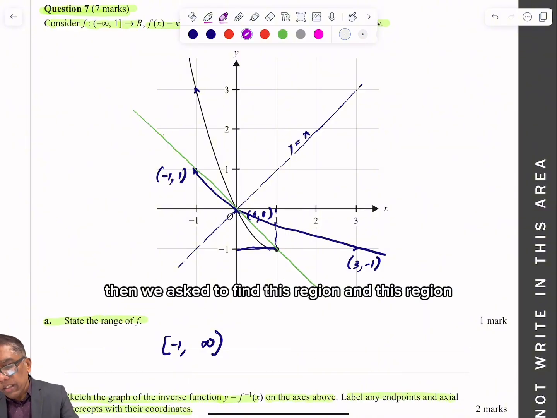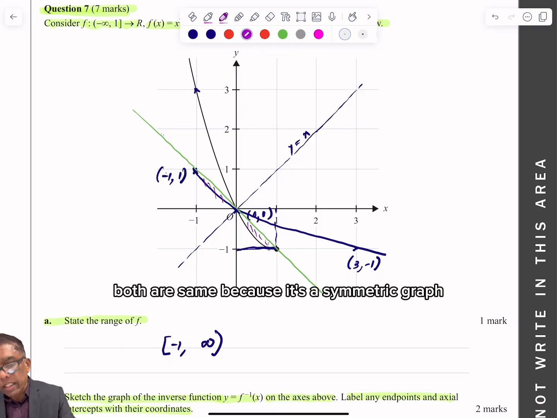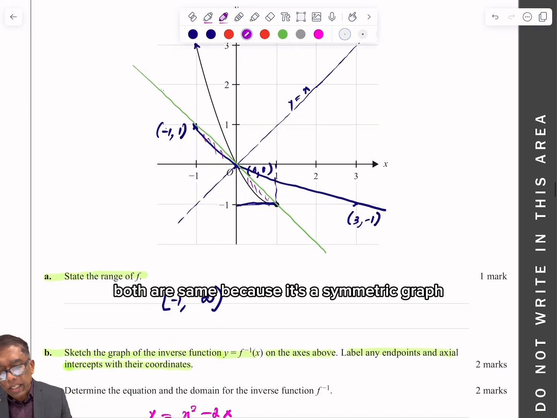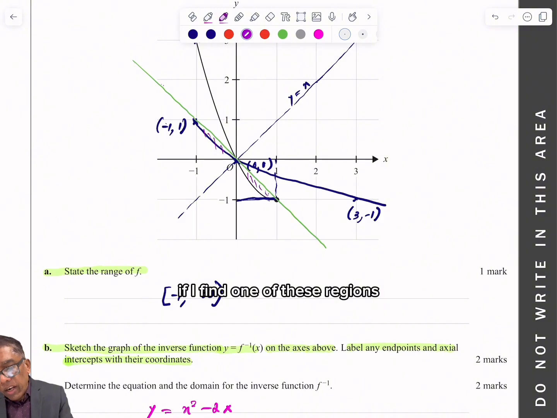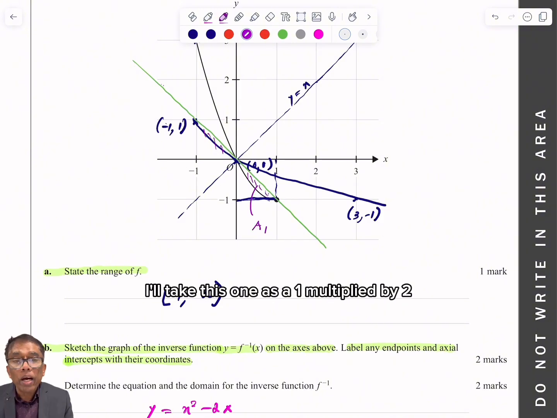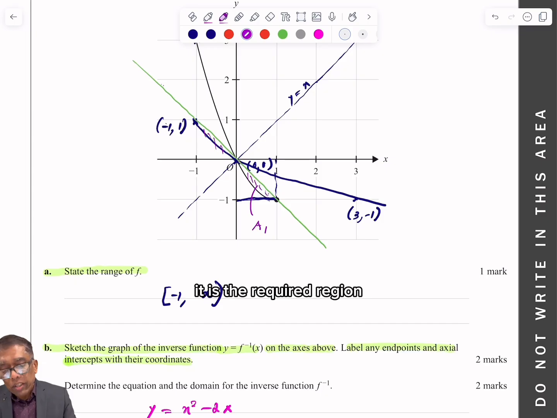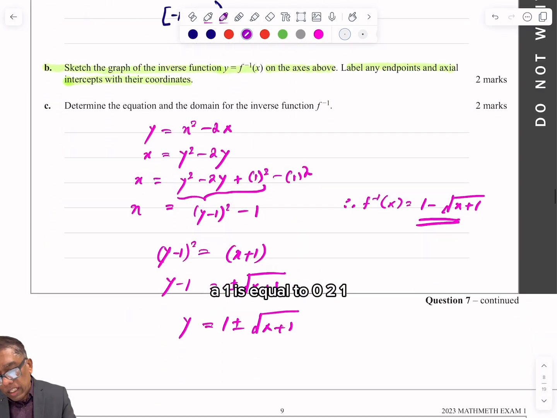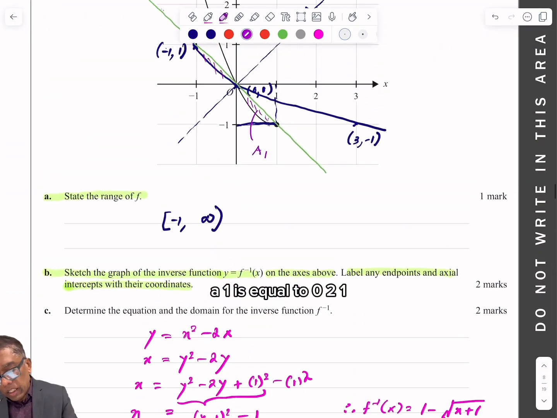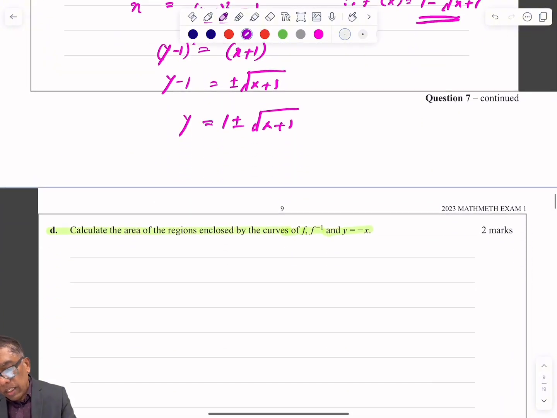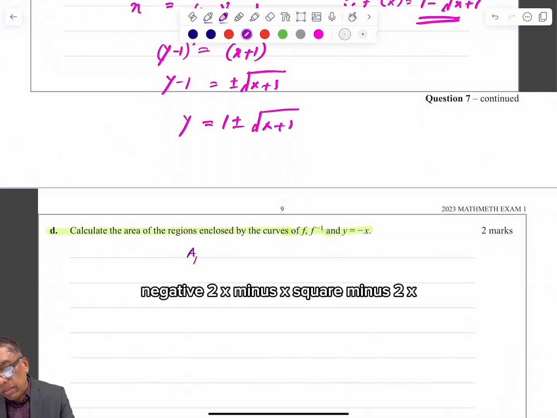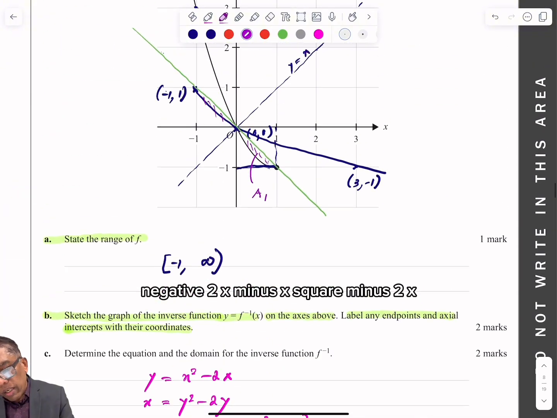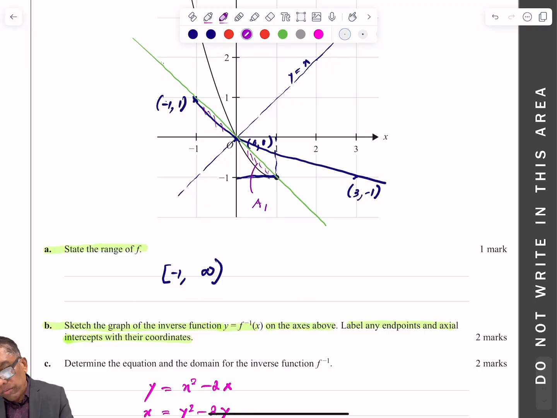Then we are asked to find this region and this region. Both are the same because it's a symmetric graph. If I find one of these regions, I'll take this one as A1 multiplied by 2. It is the required region. A1 is equal to the integral from 0 to 1 of -x minus (x squared minus 2x).